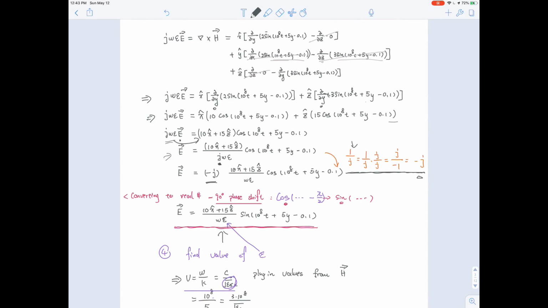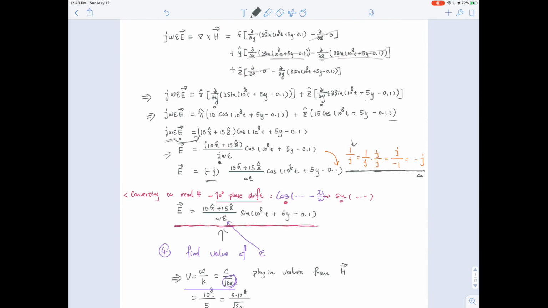This negative j is basically a negative 90-degree phase shift. If we do a negative 90-degree phase shift on the cosine term, it will turn into a sine term, and we can get rid of the j component.